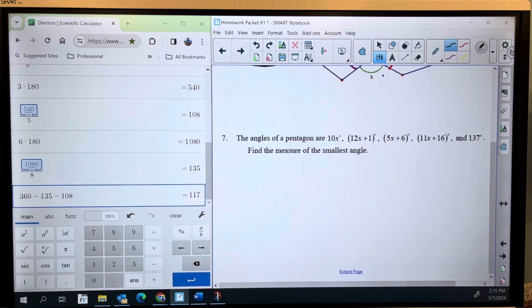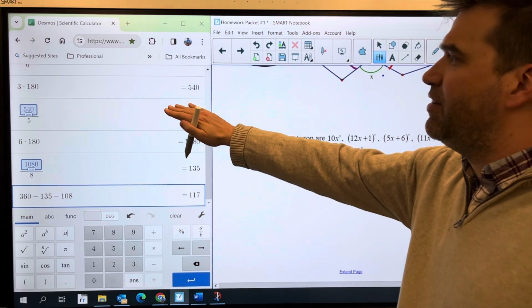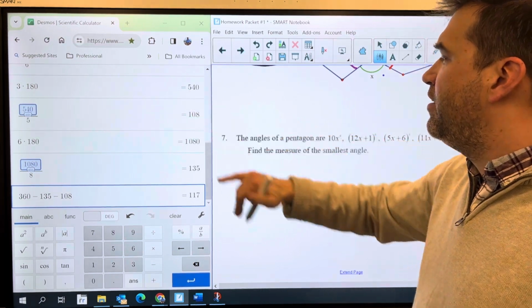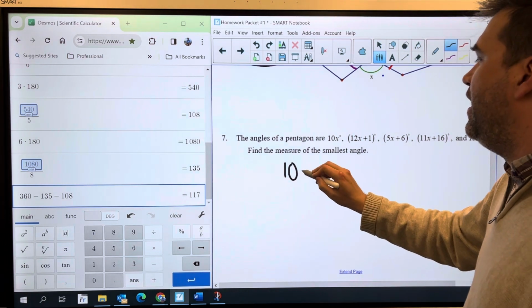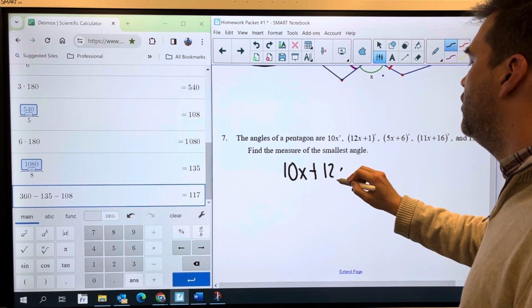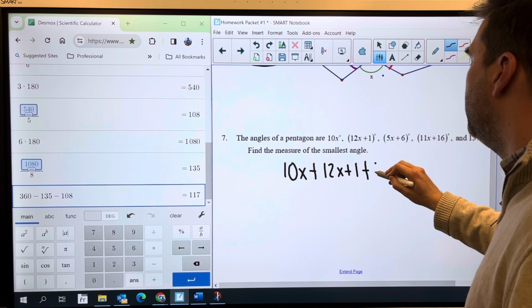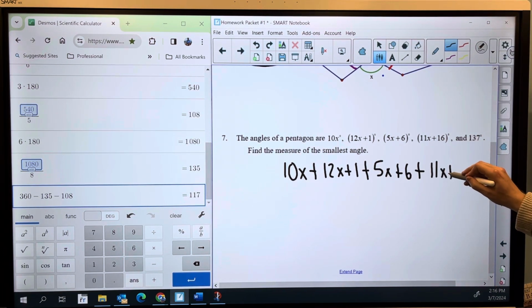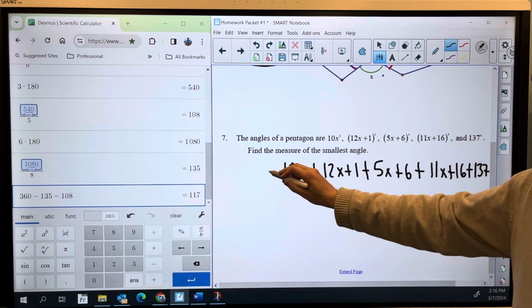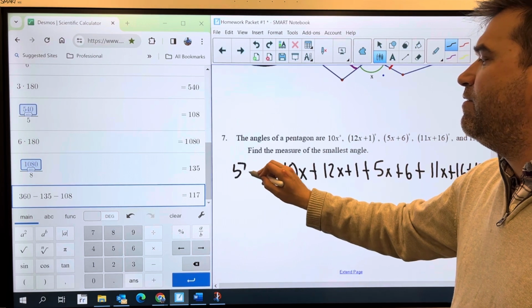All right. Number 7, the angles of a pentagon are 10x, and so on. Okay. Pentagon, 5 sides. I can go back over here to my work because I've already done this. 540 is what that pentagon adds up to. And so 10x plus 12x plus 1 plus 5x plus 6 plus 11x plus 16 plus 137. All of those together should equal 540.